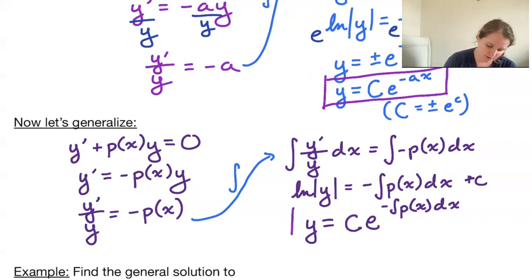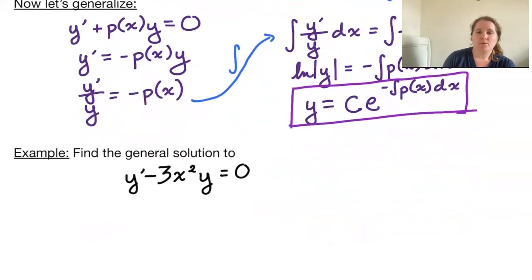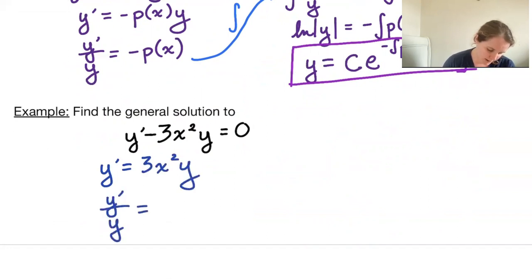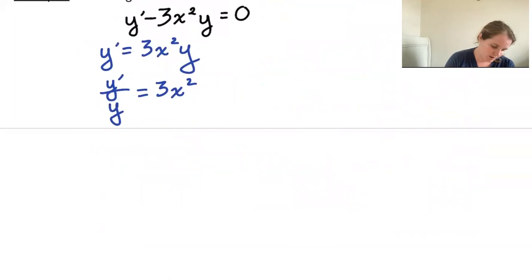So let's go ahead and do a quick problem. Let's find the general solution to y prime minus 3x squared y equals 0. In this case, again rearranging, we have y prime is equal to 3x squared y, or y prime over y is equal to 3x squared. If we integrate both sides, we are looking at the integral of y prime over y dx is equal to the integral of 3x squared dx.